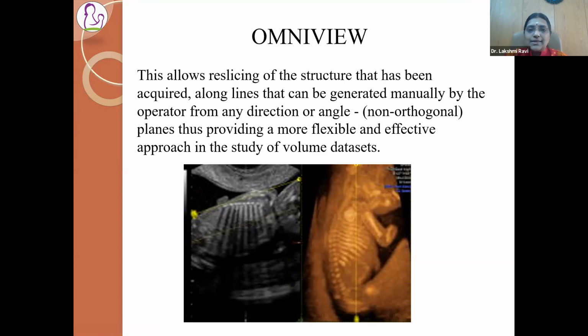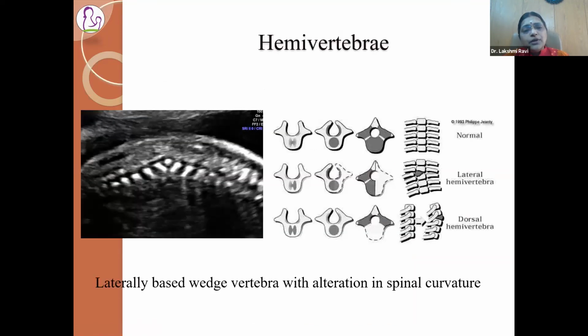Another potential utility of 3D ultrasound is evaluation of the spine, because as I told you earlier, the C plane or the coronal plane is best used to evaluate the vertebra and the ribs. So if you have a hemivertebra, a laterally based wedge vertebra, then you obviously have an alteration in spinal curvature, and you can have a small wedge vertebra like this.